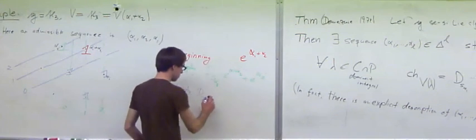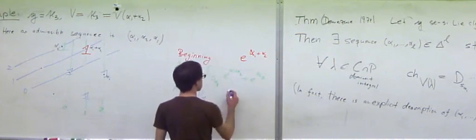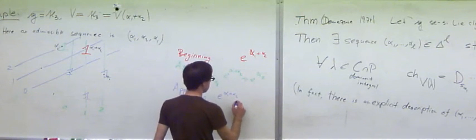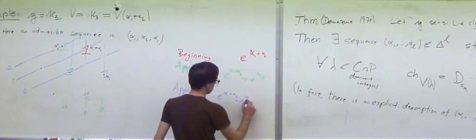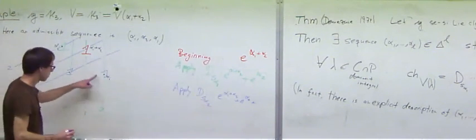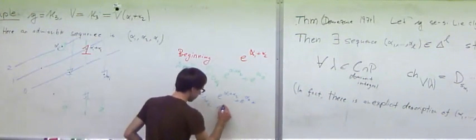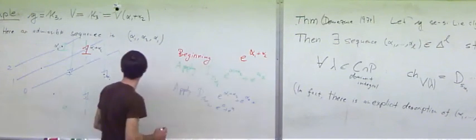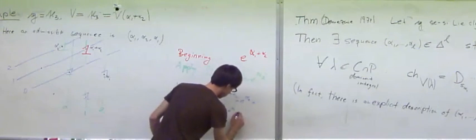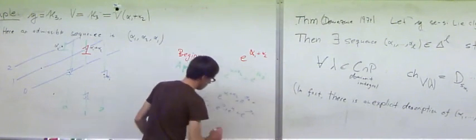So what we get at this stage is e to the alpha 1 plus alpha 2 plus e to the alpha 2 plus e to the 0 plus e to the alpha 1 plus e to the minus alpha 2.